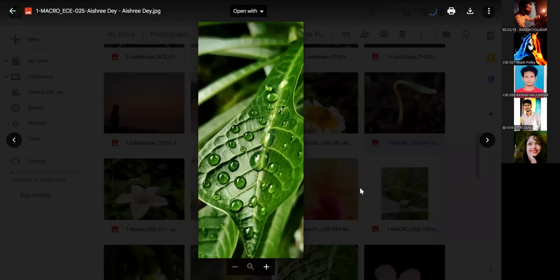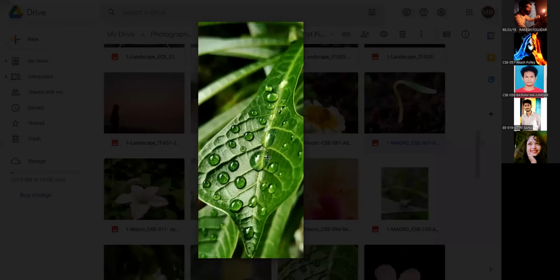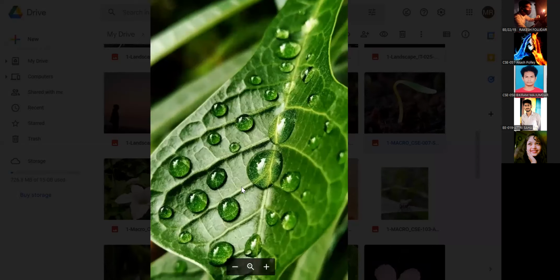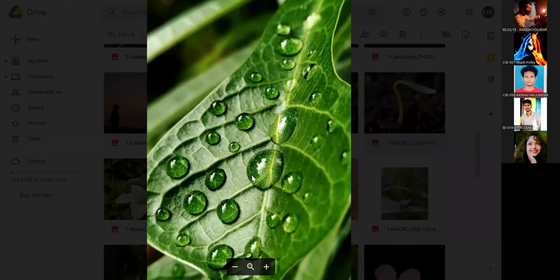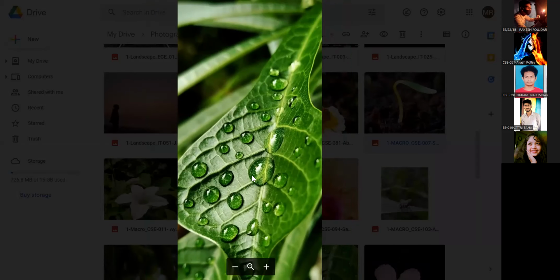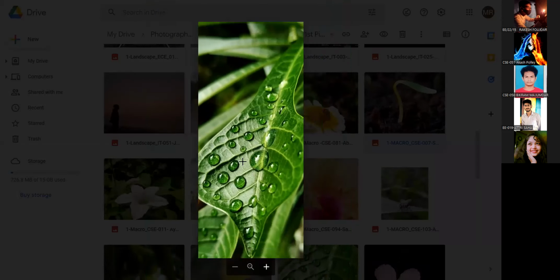Okay, and this image is a fantastic image. The only thing is, it is very thin in the area. I don't know on which kind of device this picture was taken. The picture is focused a little behind. And another thing is the picture dimension. This is a very odd dimension. Can you see?